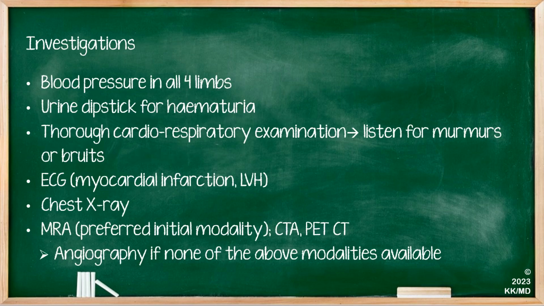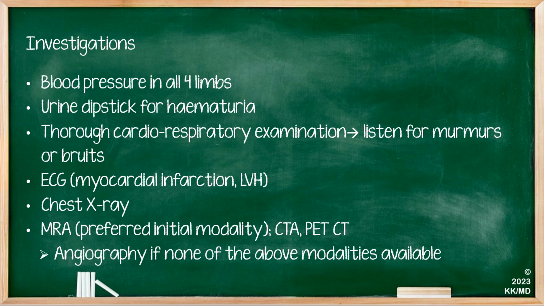As for investigation, starting from the bedside, you would want to do blood pressure, and you really want to take it in all 4 limbs to look for any evidence of discrepancies, and any reading with a difference of more than 10 millimetres of mercury would be of interest. You would want to check for any evidence of hematuria on your urine dipstick. You would want to do a thorough cardiorespiratory examination, listening for murmurs and bruits.